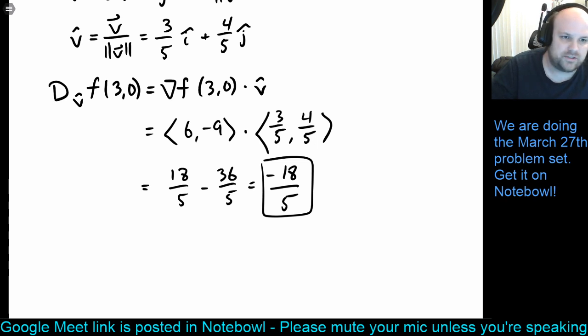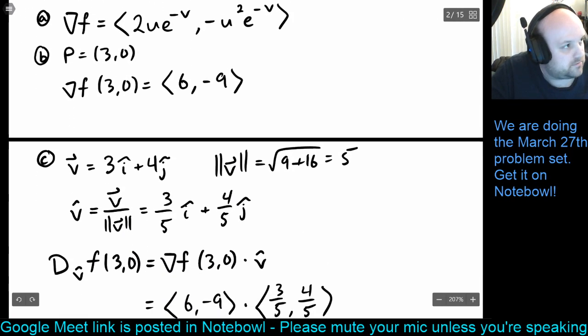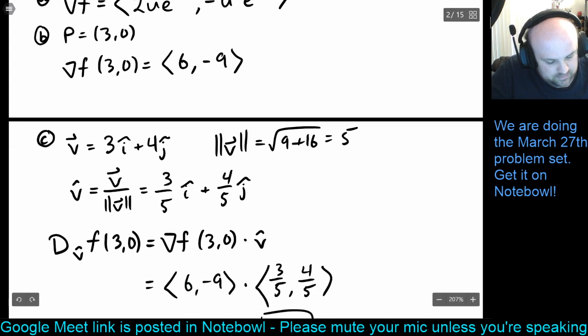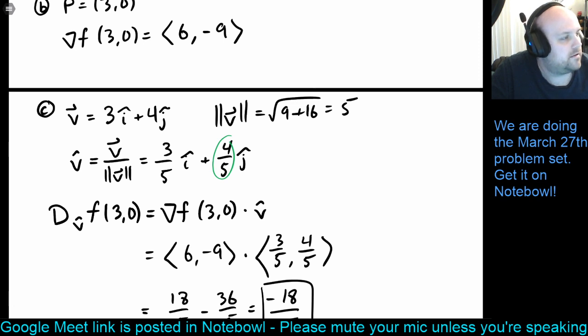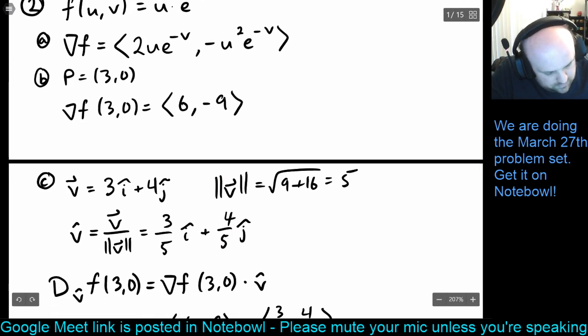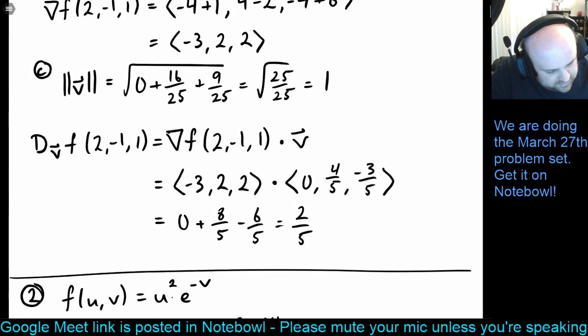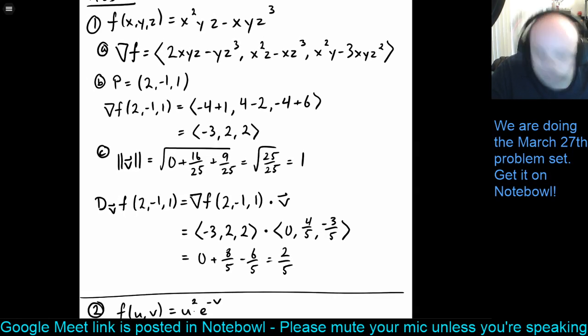Any questions about that? Where did the 4/5 come from in the last problem? Problem 2, right? Right here, this one. Problem 1. Let's see, 4/5. So that vector.